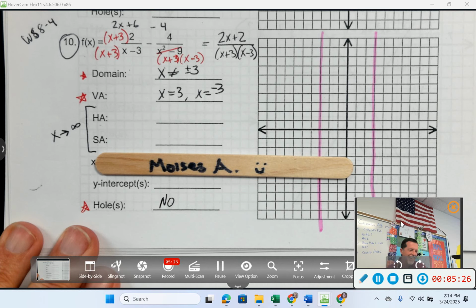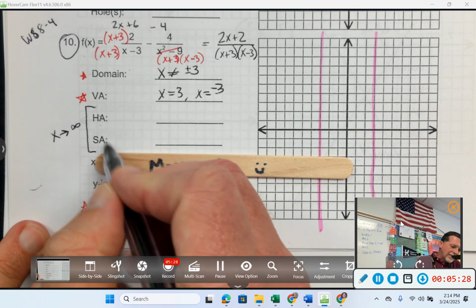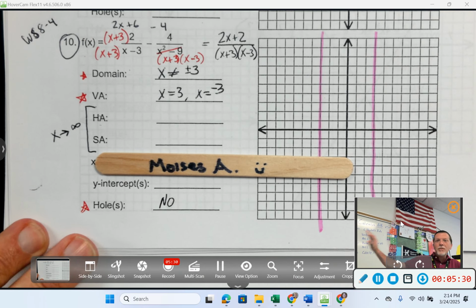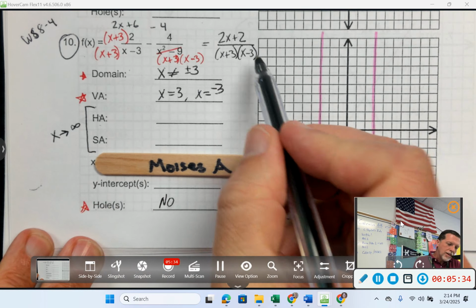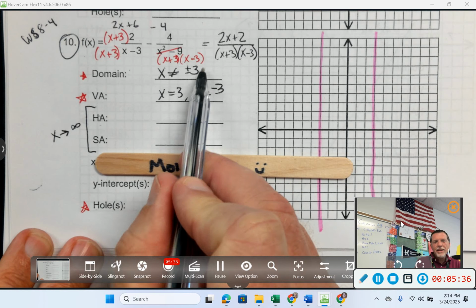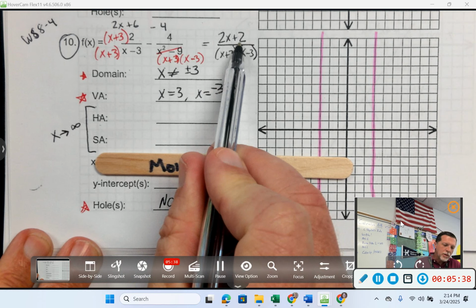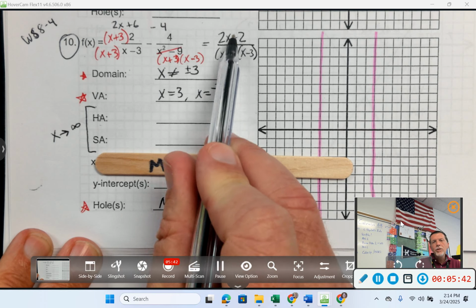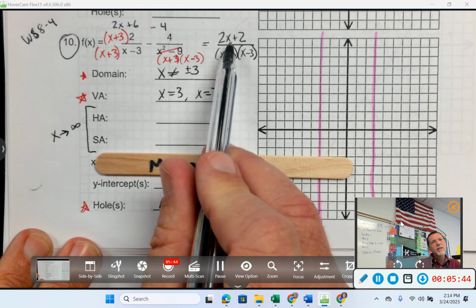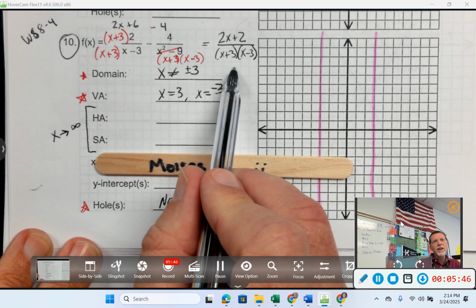Okay. So x going to infinity, that's how we figure out what those end behaviors are. Like when x gets really big, what's happening to my graph? So if I plug in x going to infinity, the top's going to be really big, the bottom's going to be really big, but which is going to be bigger? Why are you saying the bottom? I agree.